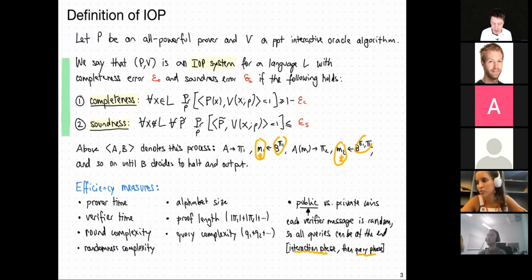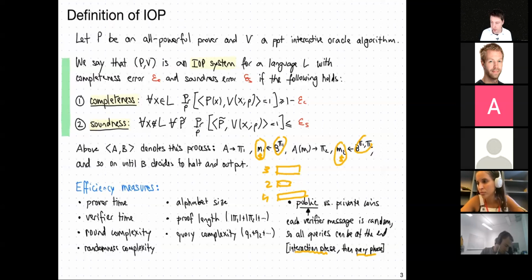So if the prescription is that you need to send, in the first round, 3 random elements, in the second round, 2 random elements, in the third round, 4 random elements, you will be sending those. That's what a public coin protocol is like: sending random things of some prescribed length at every round. So that's what public coin means. Once that is what it means, it doesn't matter what the answer to other queries is, because there is a prescribed random message for every round. Okay, thanks. But good question.